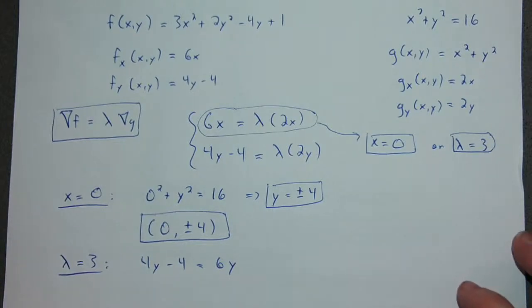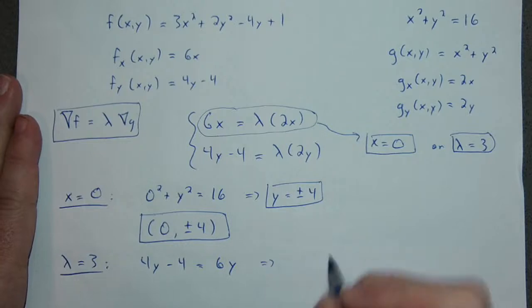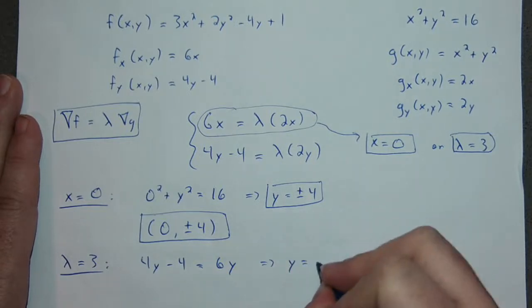So then, what does this mean? Subtracting 4y from both sides, I get 2y is equal to minus 4, so y is equal to minus 2.